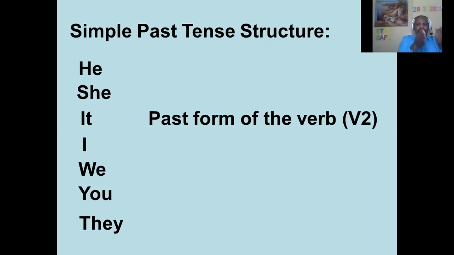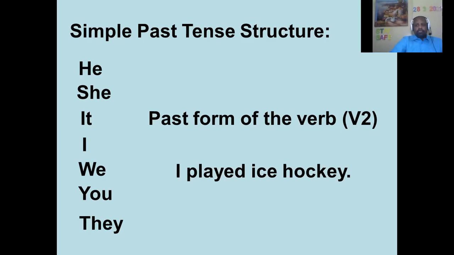The verb eat, what is the past form? It is ate. With all pronouns, use the past form of the verb. I played, he played, she played, we played, they played ice hockey.